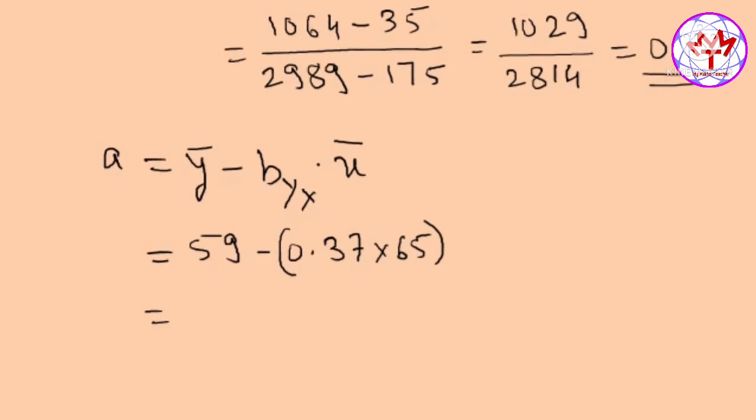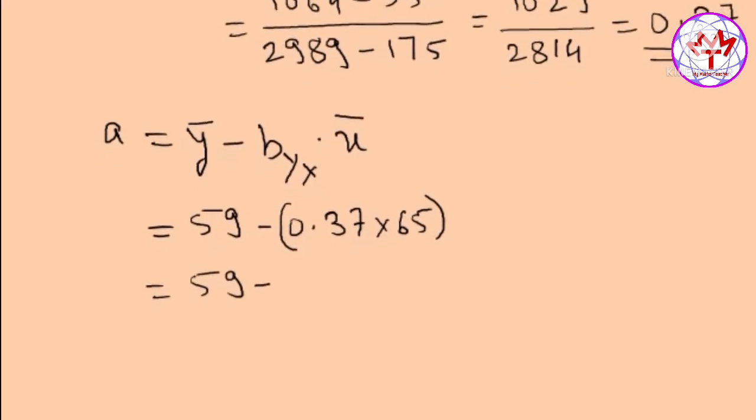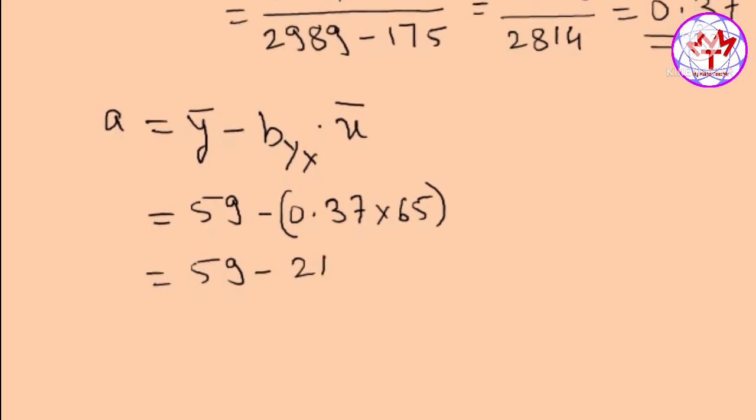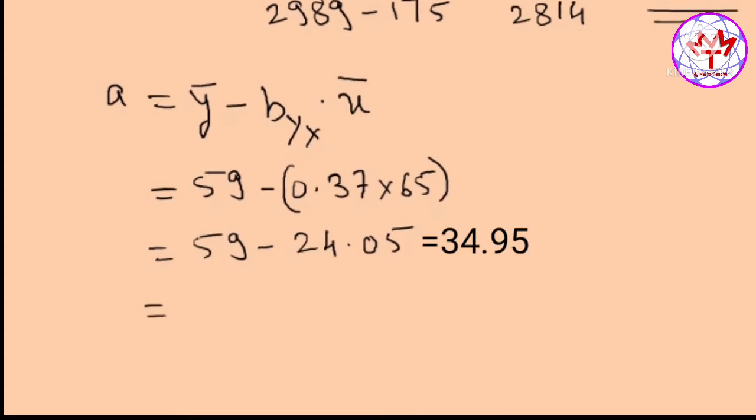So this comes to 59 minus 24.05, so that is equal to 35. So we have got the value of a, we have got the value of byx. Now we can obtain the line of regression of y on x.